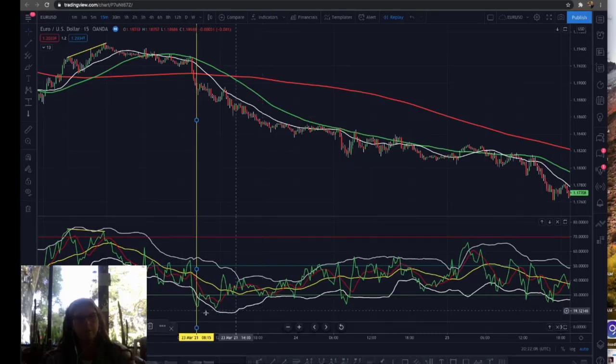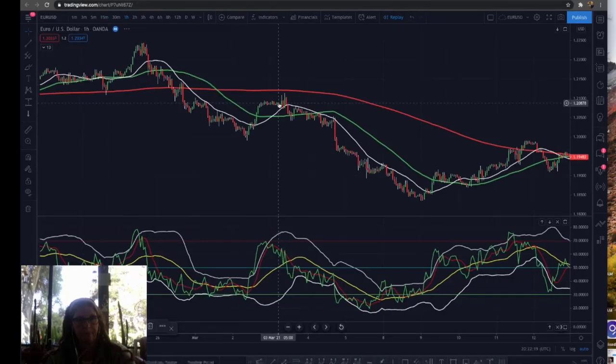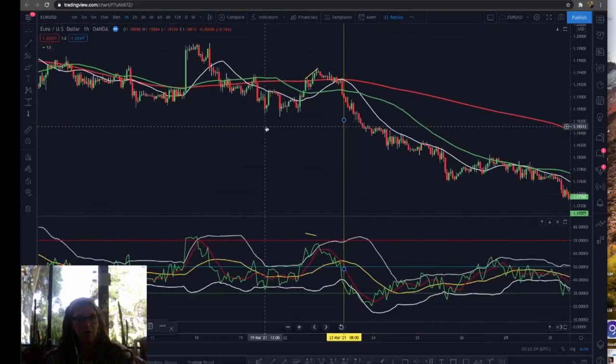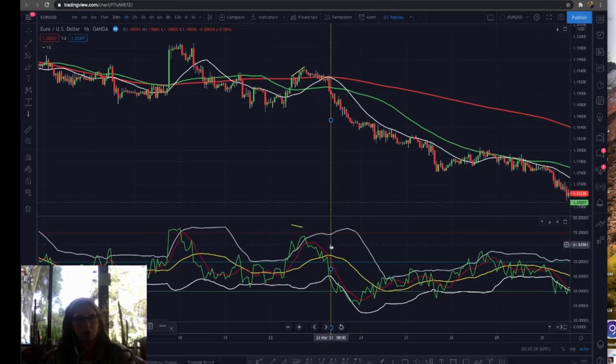Or when you get to the bottom of the band here and it's coming out on the 15-minute, you go up in time frame to the 1 hour and you take a look at where it is on the 1 hour. So at that same point on the 1 hour, this was clearly out of the band.